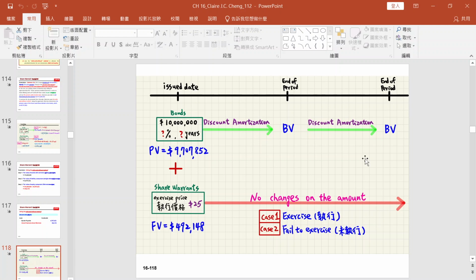If they decide to exercise the right, they become your shareholders, okay? Another situation is investors decide to give up the right. They don't want to become your shareholders. Okay? So the following periods, the only thing you have to consider is whether they exercise or give up the right.